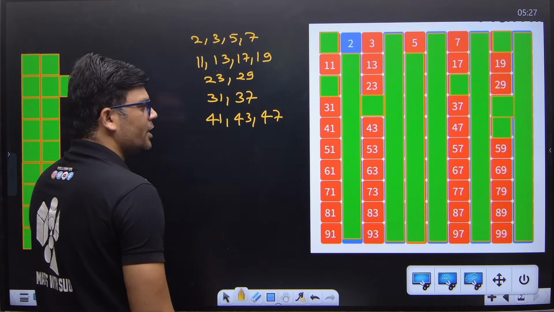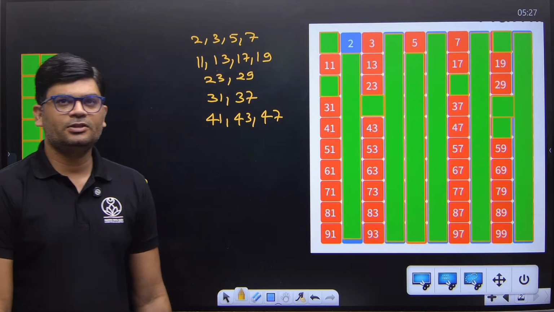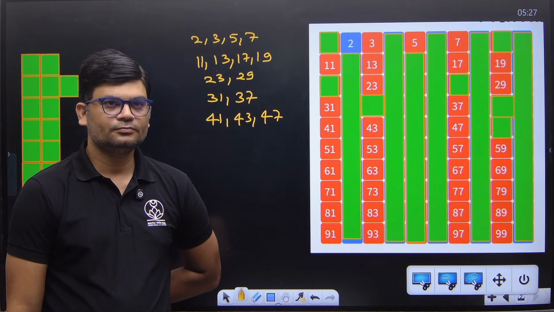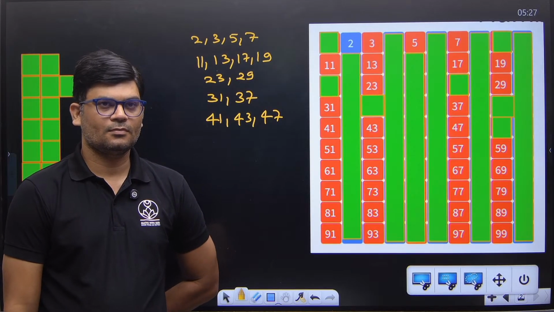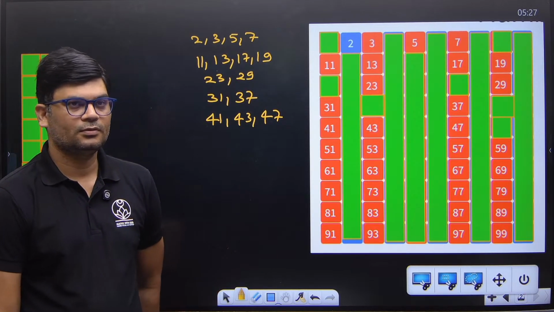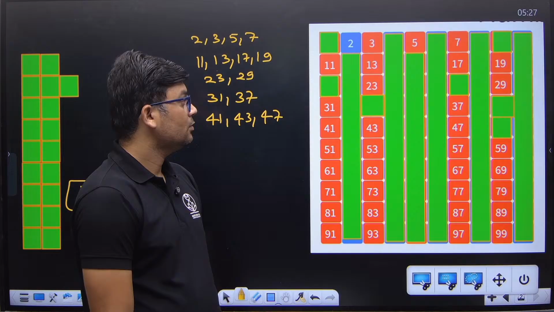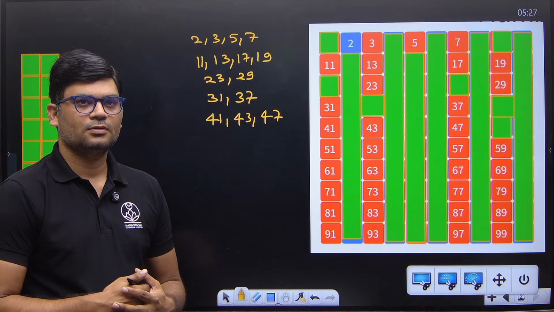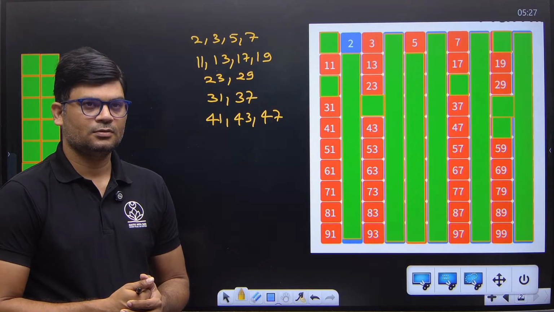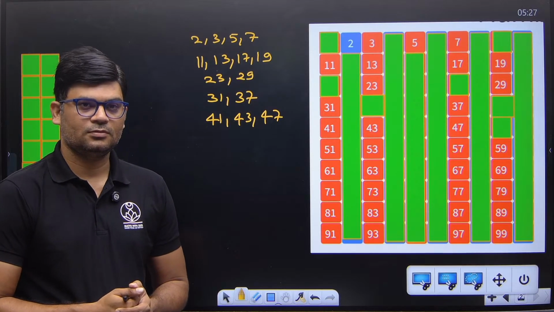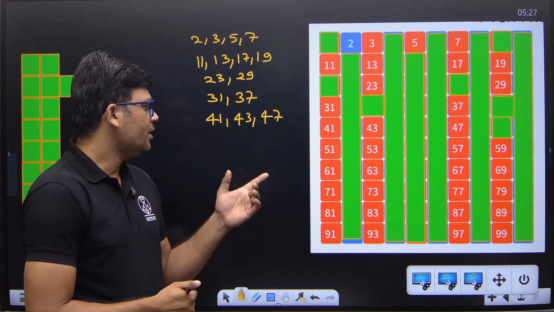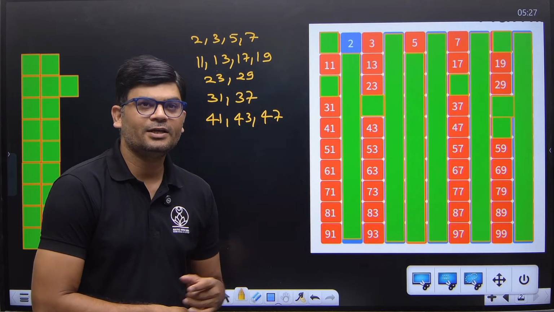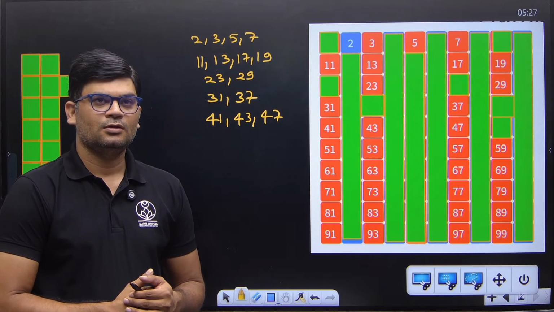In the next row, can you tell me a number which is divisible by 3? Any number divisible by 3? Do you know the digital sum of these numbers? Have you added them? Yeah.